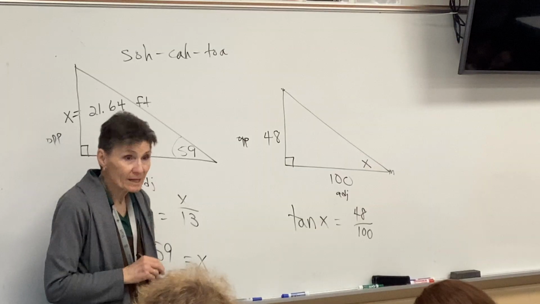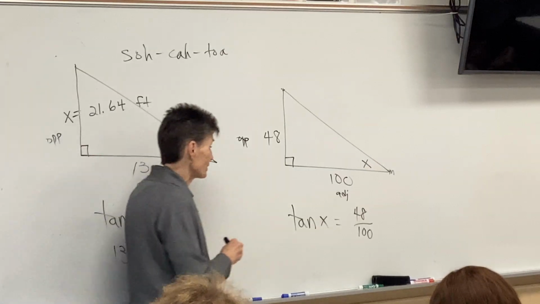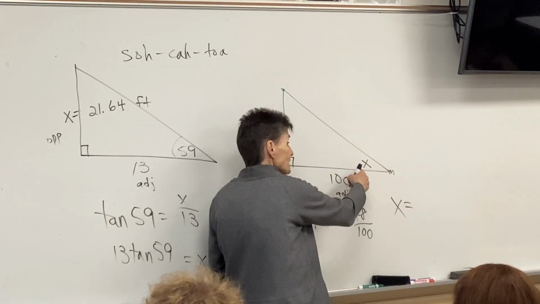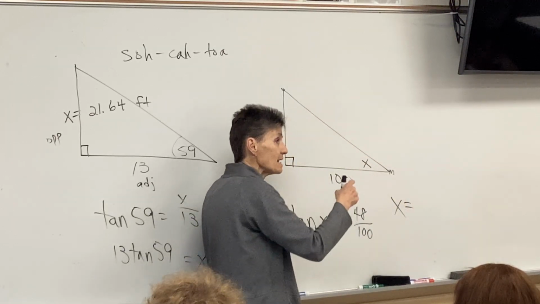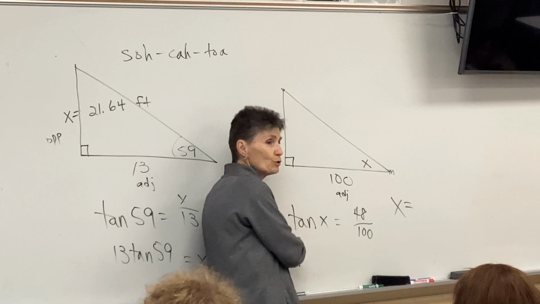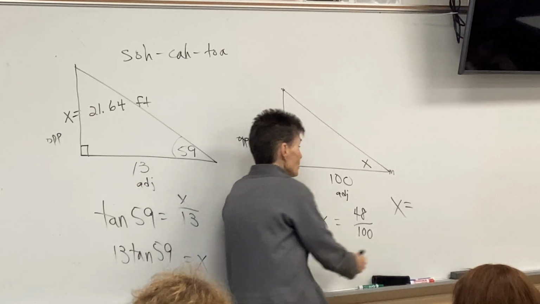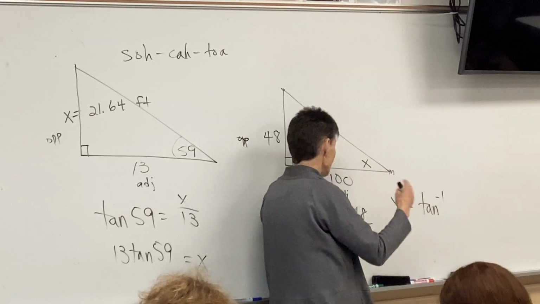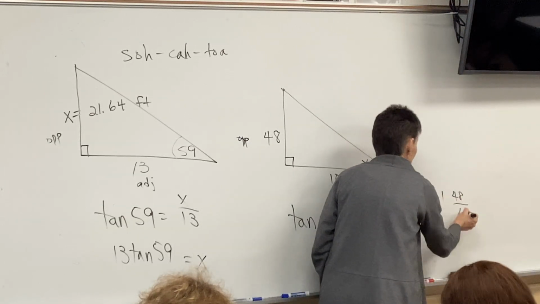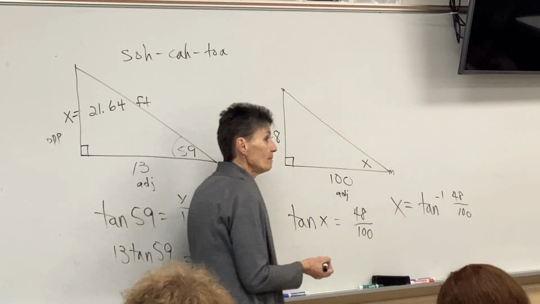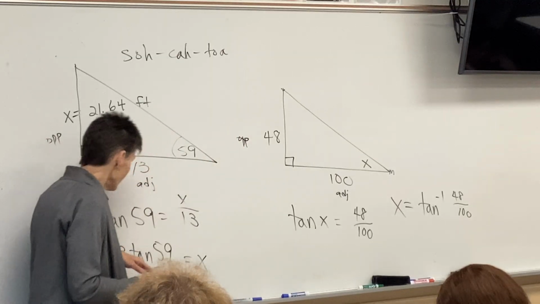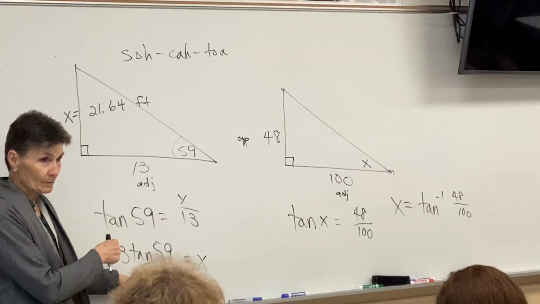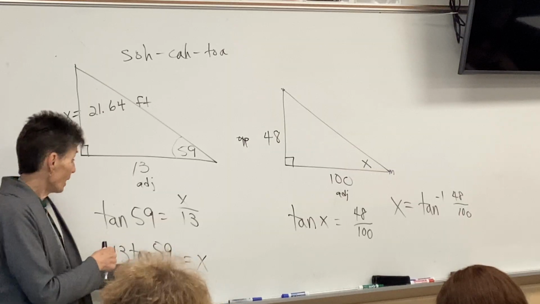Exactly. I have to do inverse tangent. So when you are trying to find an angle, when x is the angle, you aren't going to use your regular tangent button. You're going to have to use your second tangent or inverse tangent button. Okay? So over here, I use my regular tangent button because I know the angle.